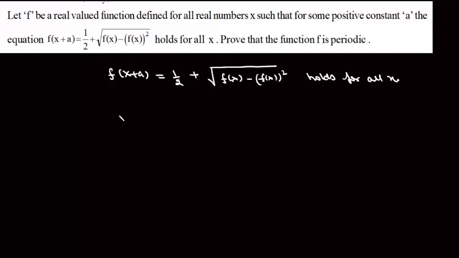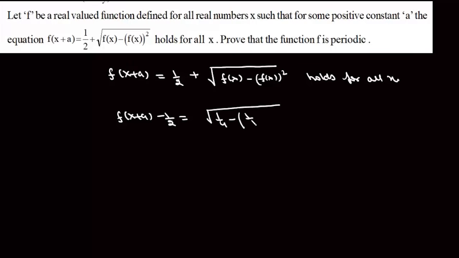Now what we can do is, we can write f(x + a) - 1/2 will be equal to this under root, and we know that this is -x² + x, and we can make it a perfect square. So we'll add 1/4 and we'll subtract 1/4.